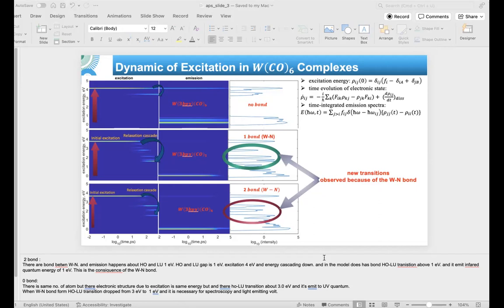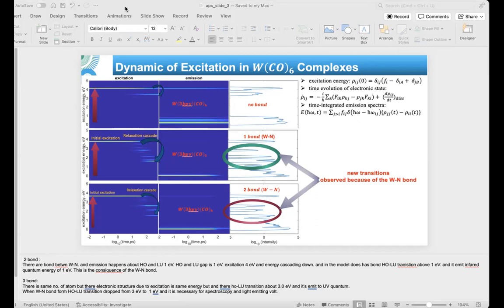That one we observed in the relaxation dynamics, and this has a profound impact on the emission characteristics of the complexes, which is essential for the application in optoelectronic devices.